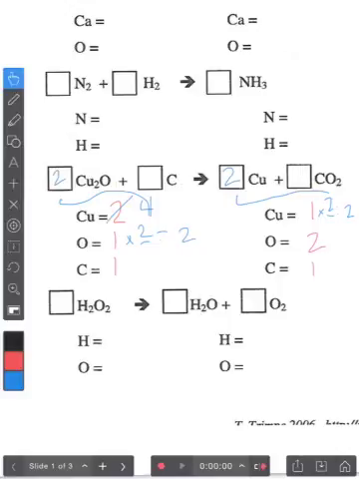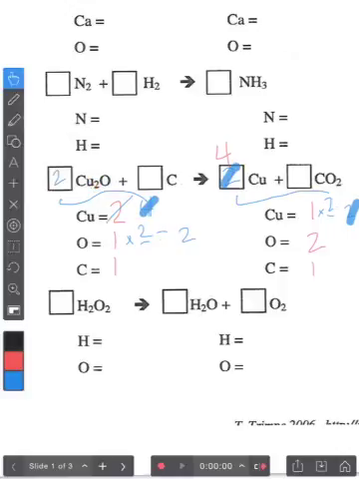Now, this is pretty easy because if you notice, the copper is 2 and I need it to be 4. That's going to be a real easy fix because all I need to do is just change that 2 to a 4. And there we have it. I have 2 times 2 for my copper to equal 4.